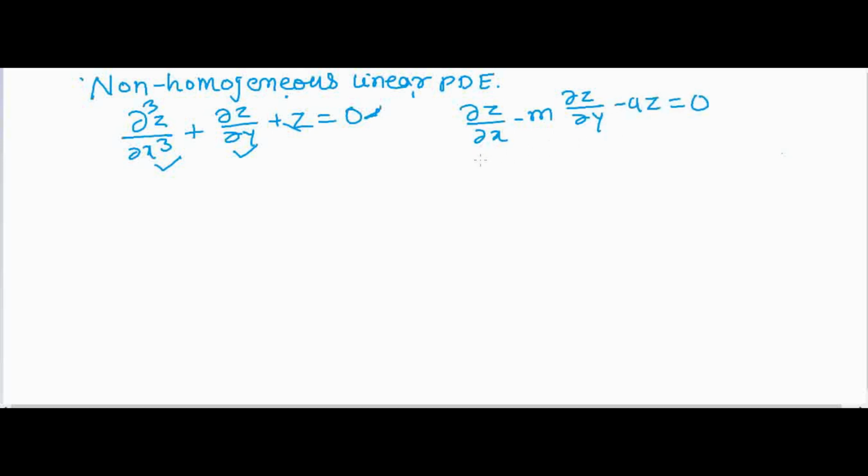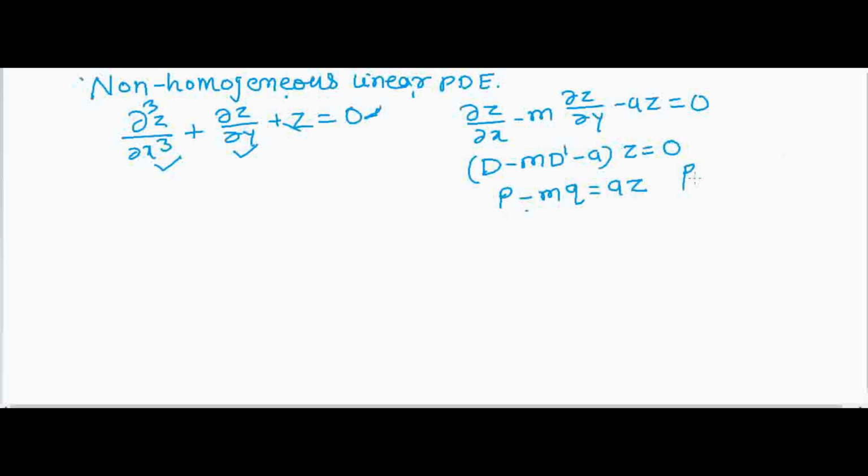If we write this equation in terms of D, it will be (D − mD' − a)z = 0. But ∂z/∂x is p, so p − mq = az. The given equation is converted into p − mq = az.